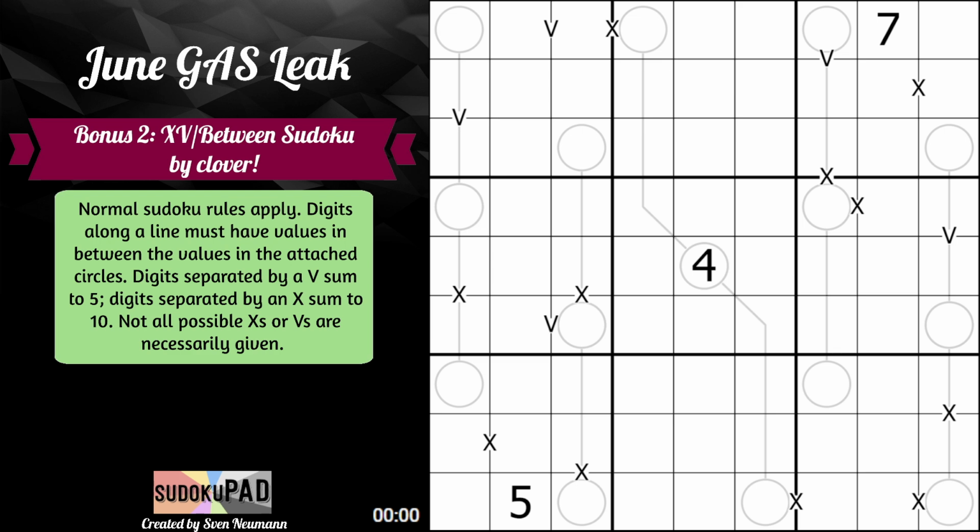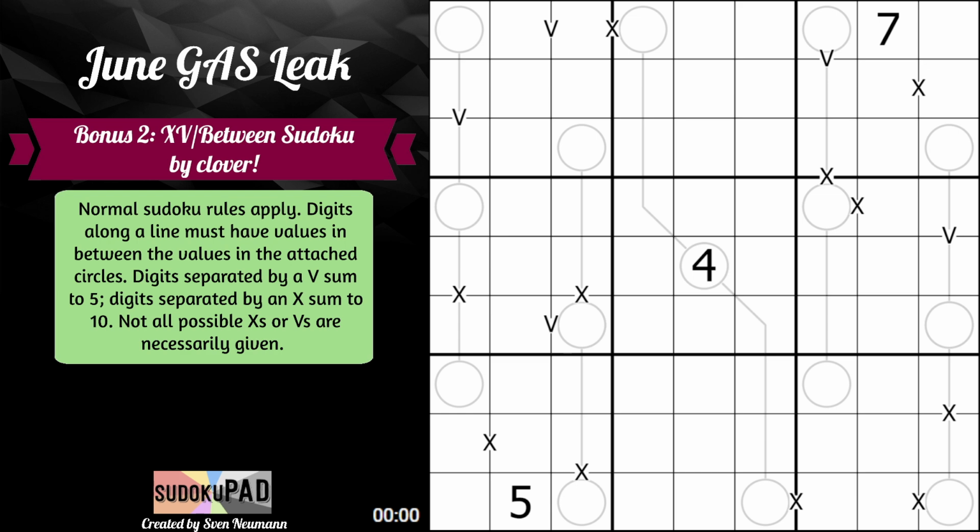Then we have our V and X's in this case. Digits separated by a V sum to 5. V is the Roman numeral for 5. So this pair of digits will be either 1, 4, or 2, 3, our 5 pairs. These will be our pairs that sum to 10. X is the Roman numeral for 10. So 1, 9, 2, 8, 3, 7, and 4, 6.